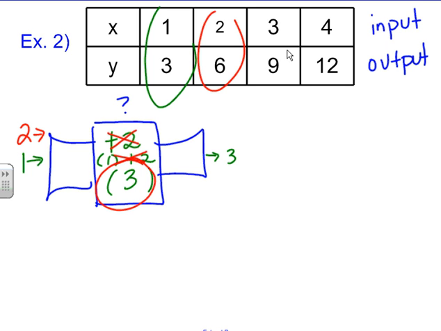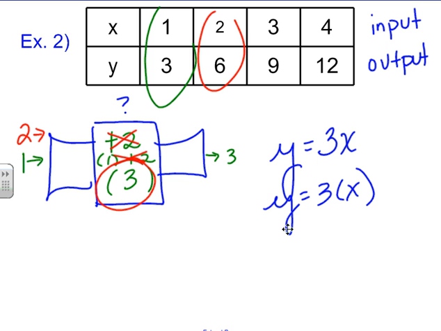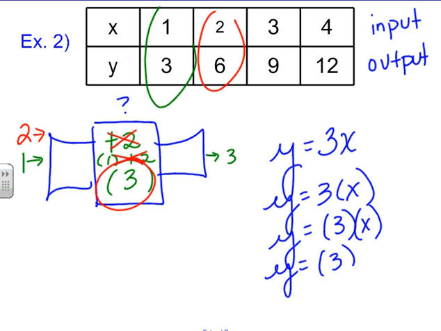So let's test our times 3. 3 times 3 is 9, 4 times 3 is 12. So we know that we're being multiplied by 3. So let's write a rule. We're going to say that our output, we're going to take our input and multiply it by 3. So this is typically the way we're used to seeing it. If you wrote it like this, it is also correct, as is this, as is this.